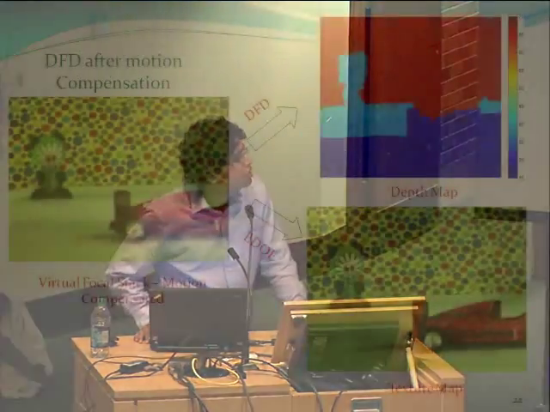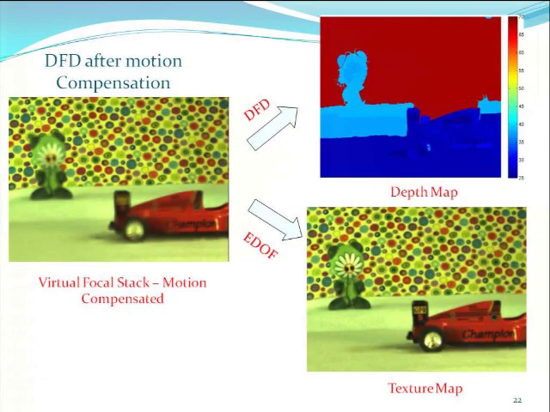Or you could have warped frames 1, 3, 4, and 5 to frame 2 to create the second virtual focal stack. And now, if you apply your favorite DFD algorithm again, you will get nice depth maps. So what we have done is, we said if motion information is there, everything seems nice, life is good.